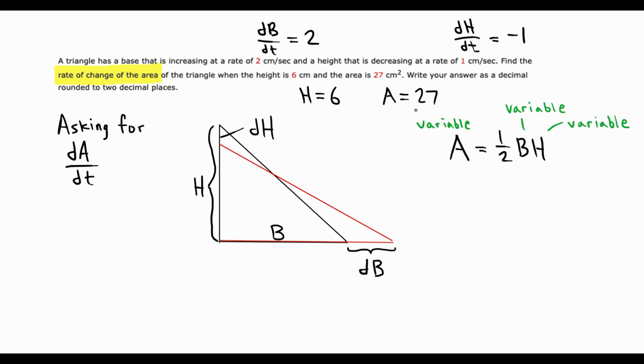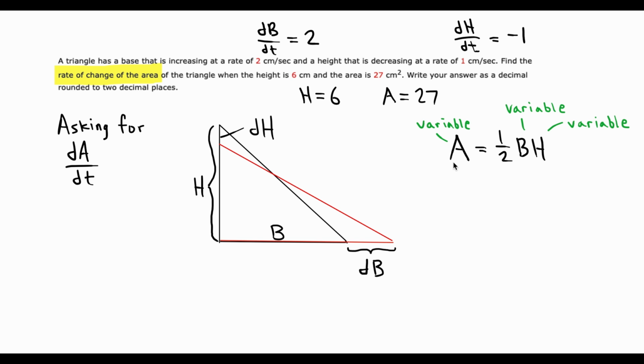Because all of these three things are changing, we have to treat them as functions, and we may have to use the chain rule on each of them. Just making it clear what I'm doing.